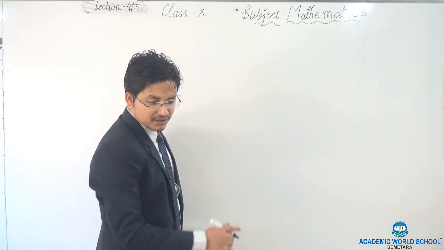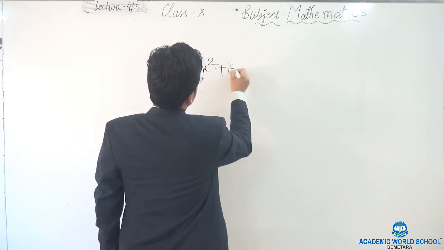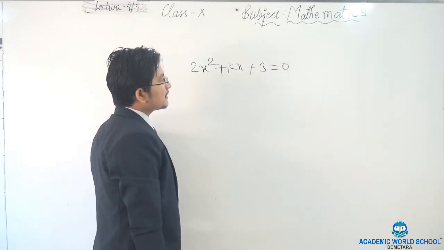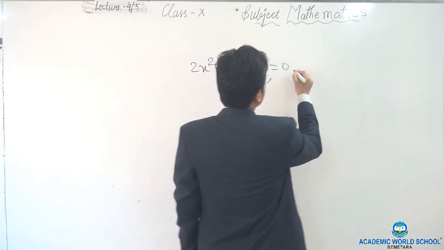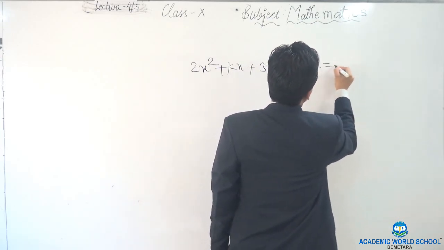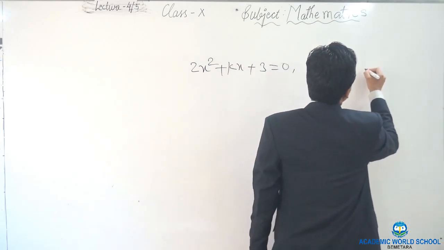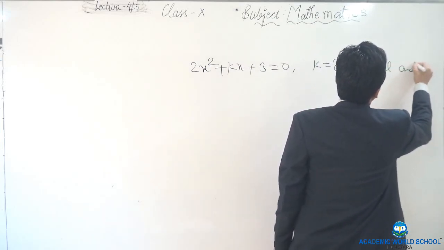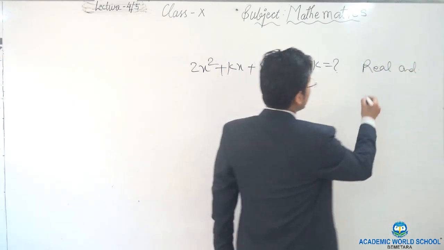So the next question is 2x square plus kx plus 3 is equal to 0. For what value of k does this equation have real and equal roots? We need to find the value of k such that this equation has real and equal roots.